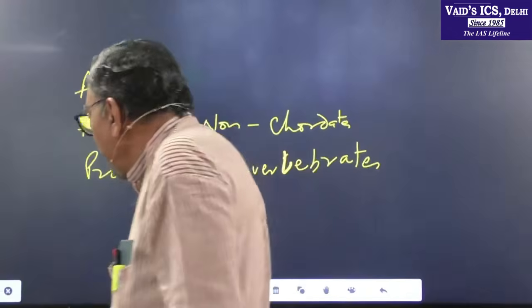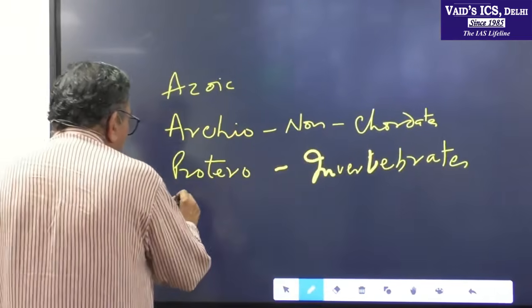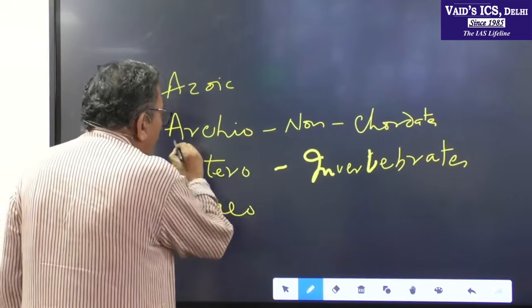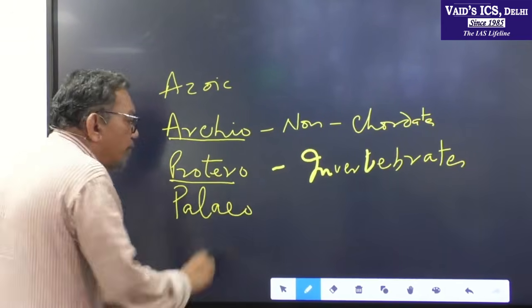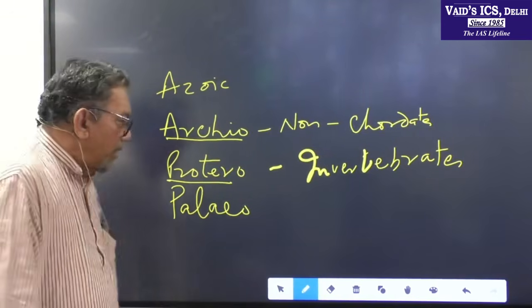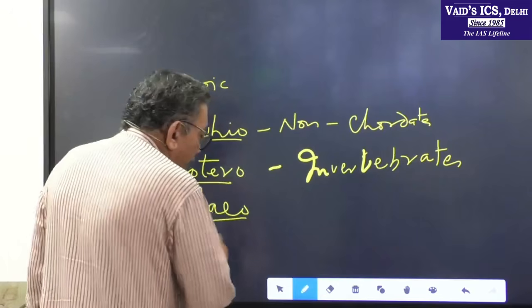Thereafter you have the first major phase that you call Paleozoic. Archaeo means ancient, Proterozoic also means ancient. Paleozoic, paleo means old.